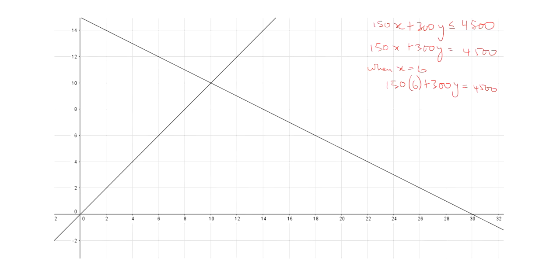Now I'm going to do a little shortcut here. y is equal to 4,500 minus 150 by 6, over 300. I'll use a calculator to work this out: 4500 minus brackets 150 times 6, divided by 300, and we end up with 12.